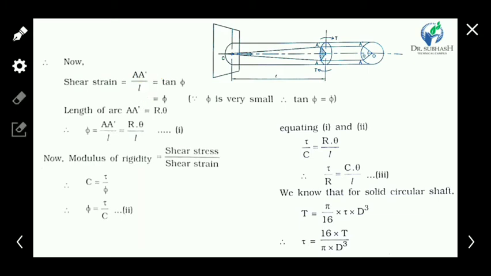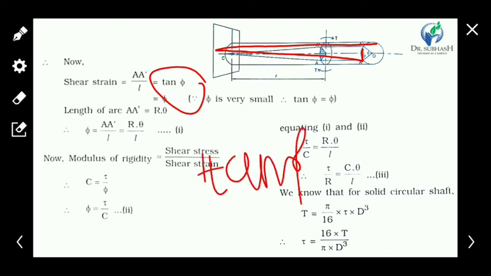Now if we consider this triangle, it is equal to tan phi.